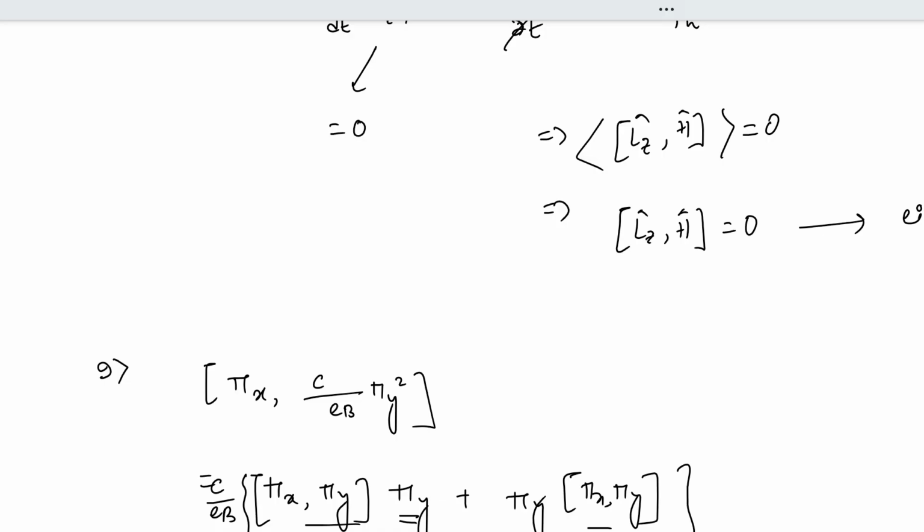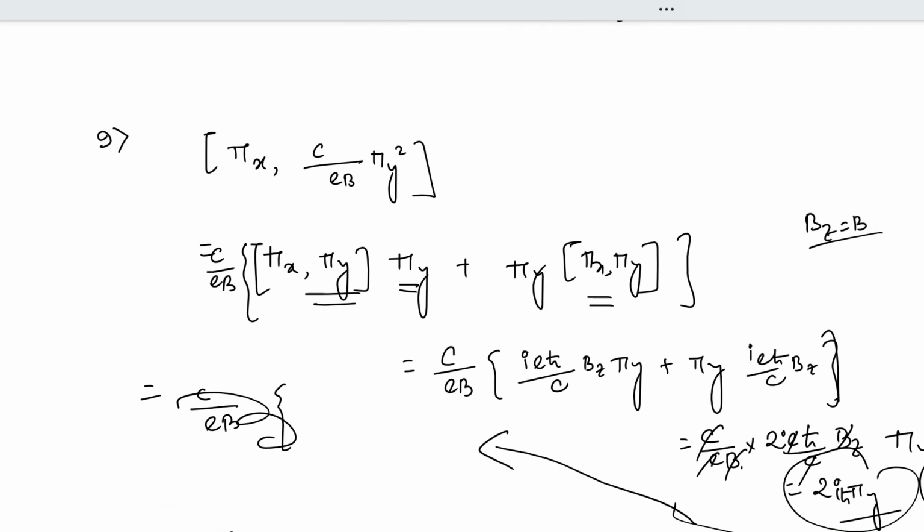So you have e, and because Bz equals B, there is no other magnetic field present except the z component, so Bz is only your B, so B and B also cancel out. The c and c cancel out, so you have 2iħ πy. So your answer becomes 2iħ πy.